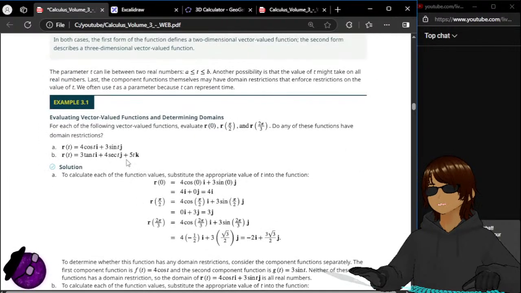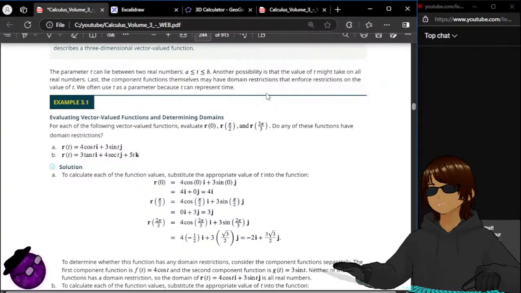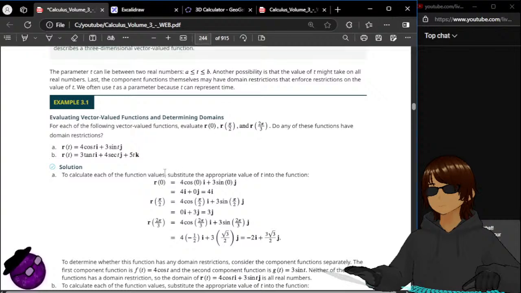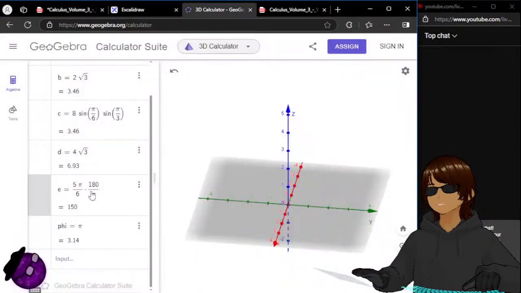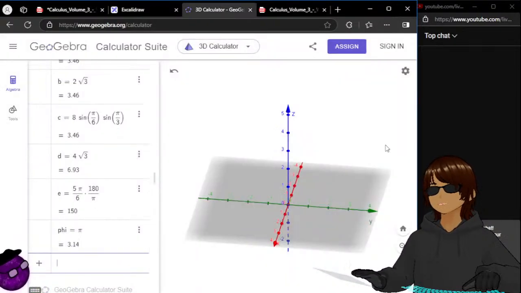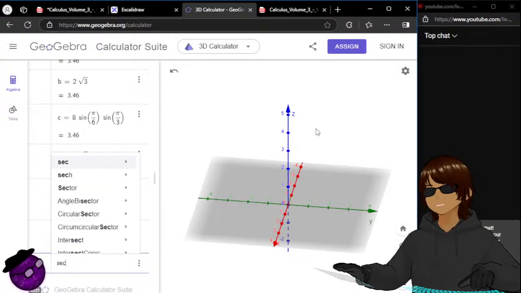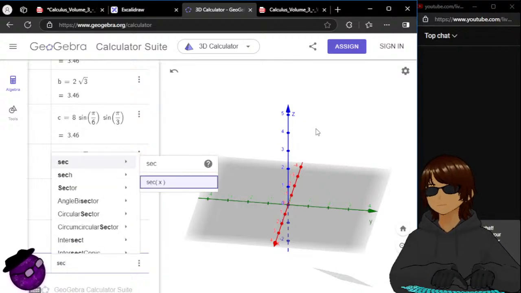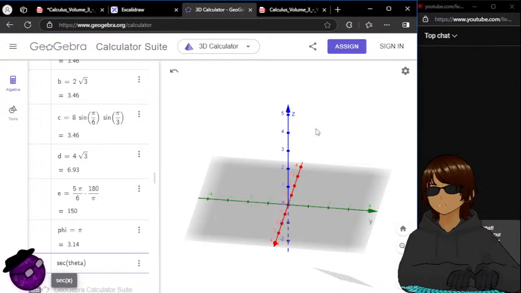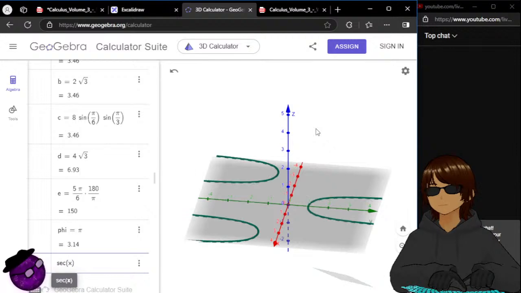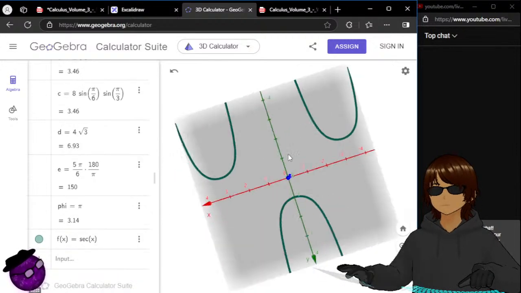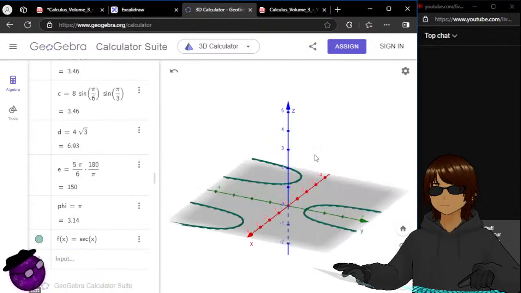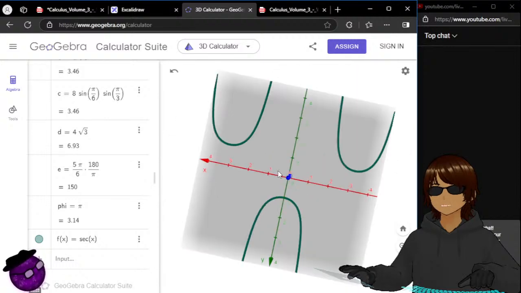For the second one, tan t and sec t. What's the restriction of secant theta? Let's just do secant x. Is there any restriction?